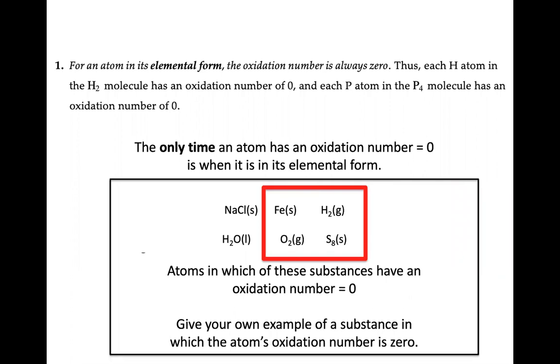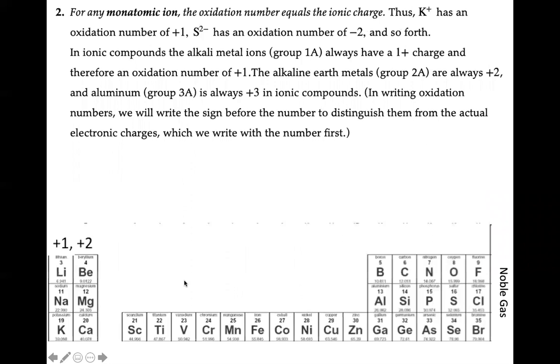It could be in a diatomic molecule like O2. Sulfur is in these rings that are an eight-member ring, or iron when I have iron solid, a piece of iron all by itself. So assigning oxidation numbers when you only have the element by itself, that's easy. In those cases, the examples are 0. Another one I think that's pretty easy is when you have monatomic ions.